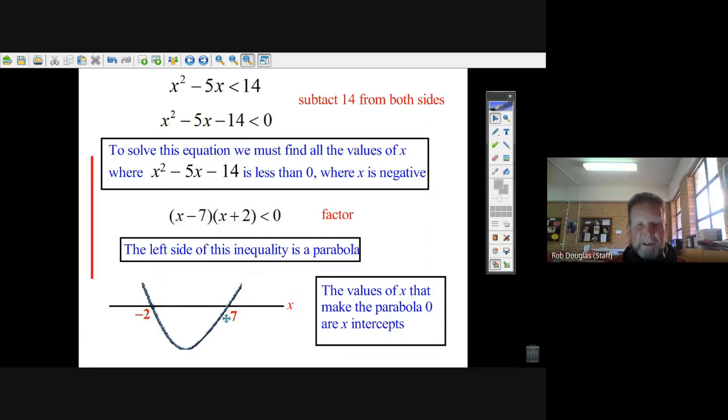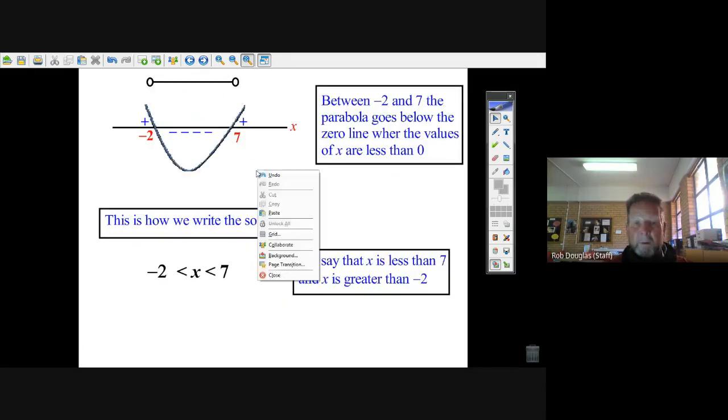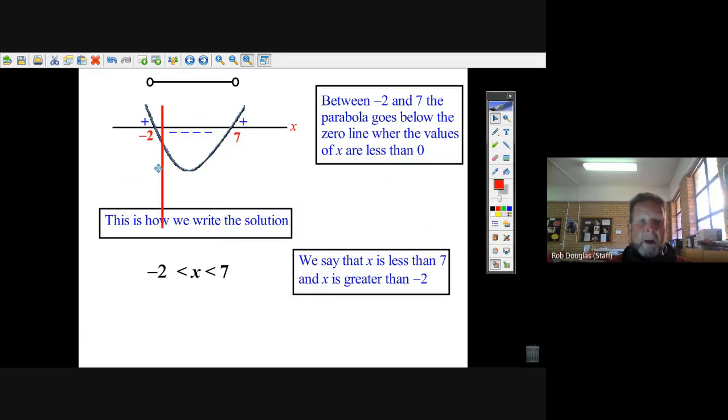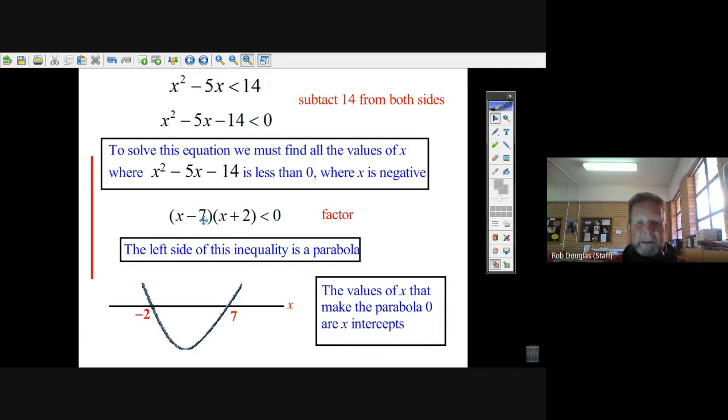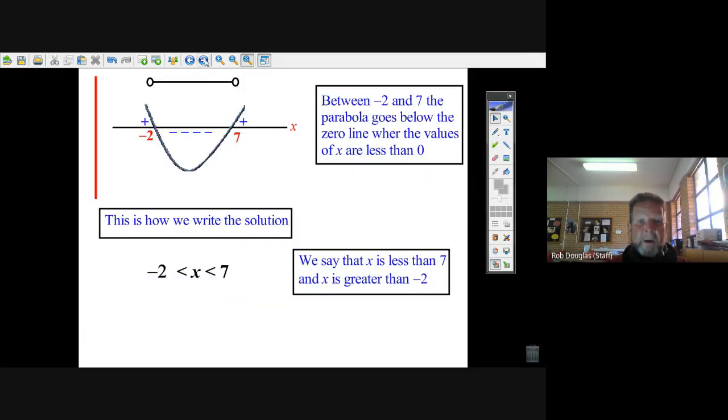Now, most people get these two values, and then when it comes to the next part, they just leave it out, or I don't know, we get confused. I'm not sure why. Well, here's the next part. We're trying to figure out where x minus 7 times x plus 2 is negative. Well, it's negative when this parabola goes below the line.